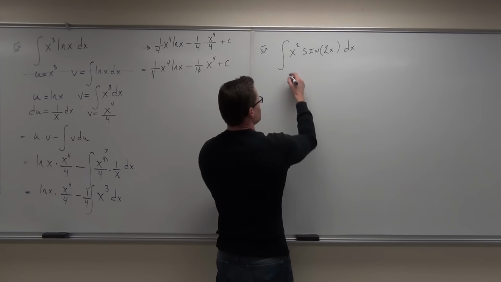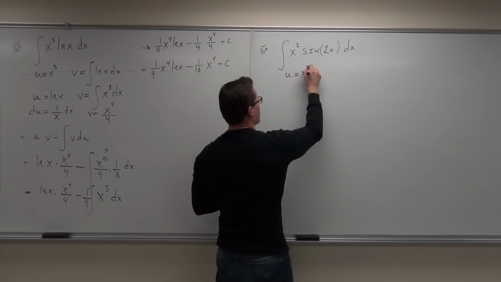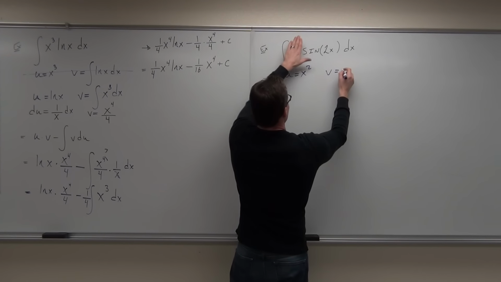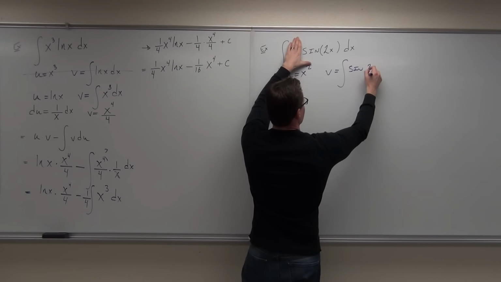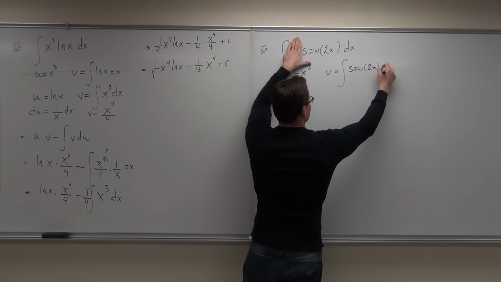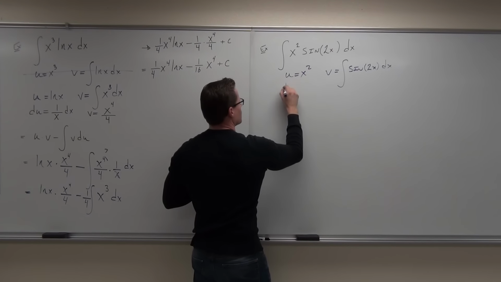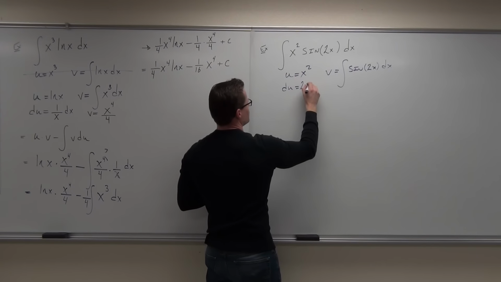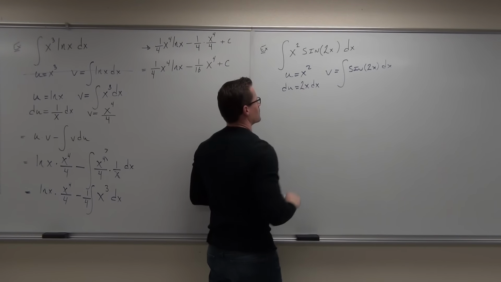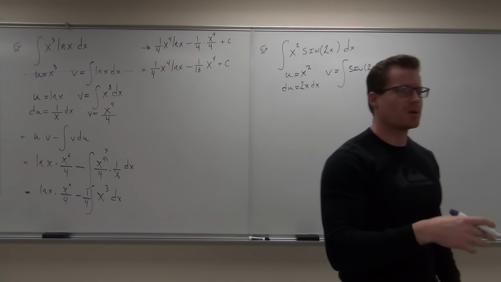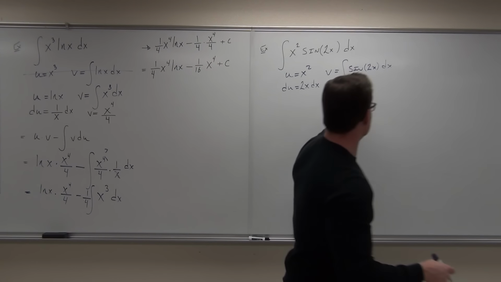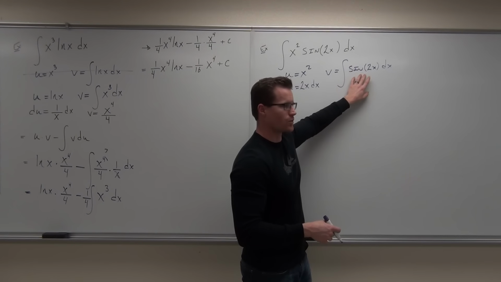Instead of this being u, let's pick that one being u. Then v equals, cover it, the integral of the rest. du equals, this is the easy part, du equals 2 dx. You guys okay with du equals 2 dx? Now, you should be able to do this other integral.